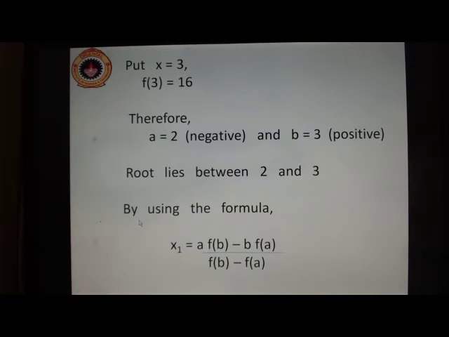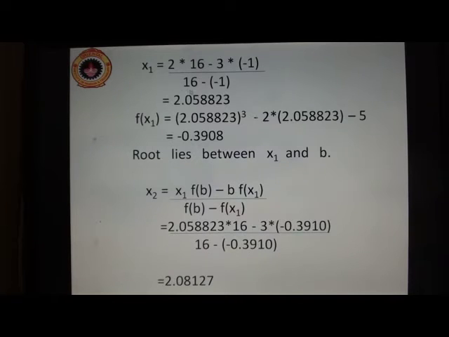Now by using the regula falsi formula, x1 = (a f(b) - b f(a)) / (f(b) - f(a)) = (2 × 16 - 3 × (-1)) / (16 - (-1)). Substituting the values of a, b, f(b) and f(a), we get 2.058823.